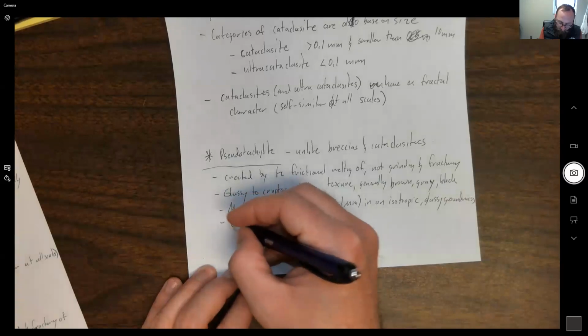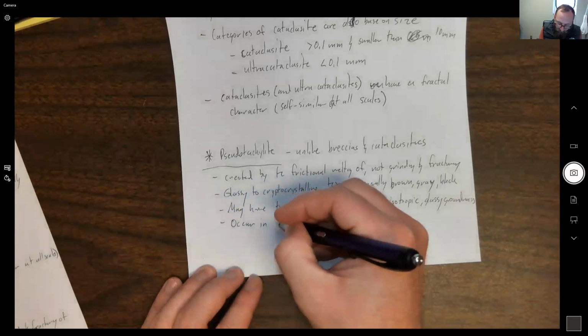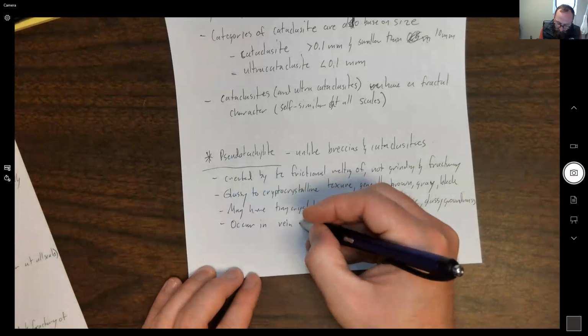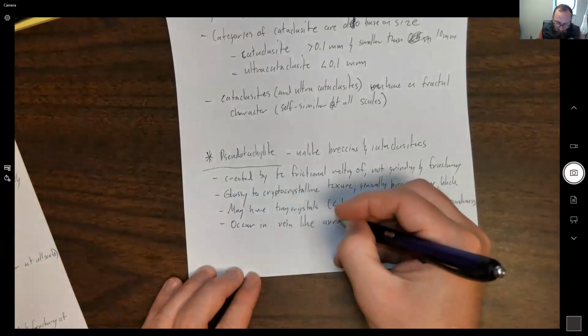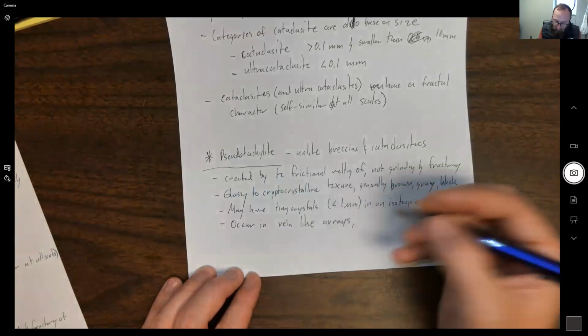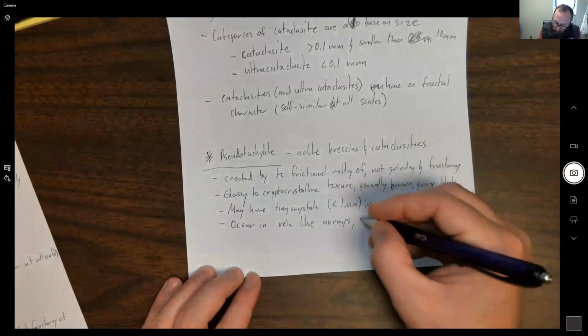And they occur in vein-like arrays, some of which have a spider web-like appearance.